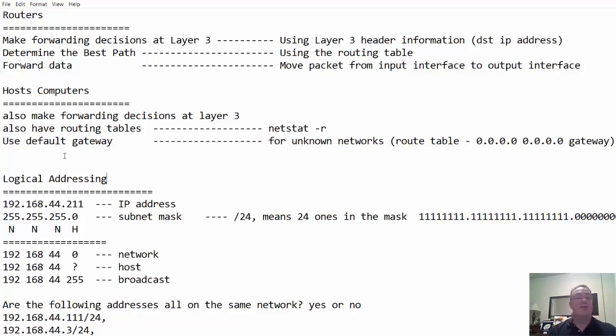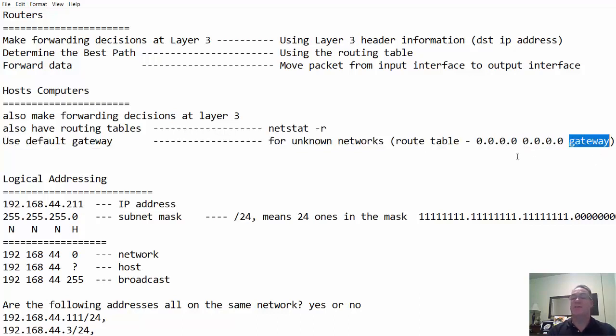Your host computer will also have a default gateway. And as I've said before, the default gateway is the router. It's the way out of the network. The default gateway is used to reach unknown networks, basically all the networks that are not your own network. It does that by looking in the routing table and seeing the quad 0 route that uses the gateway.